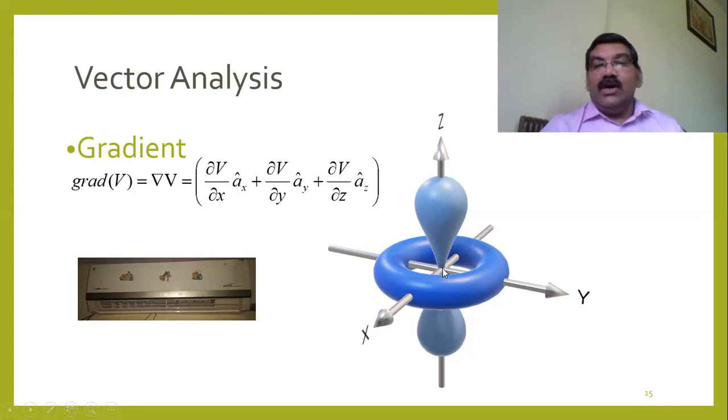What is the rate of change of temperature along the y-axis? What is the rate of change of temperature along the z-axis? Collectively, it is taken as the gradient because we are going for the complete Cartesian coordinate system, where we can have these three combined.